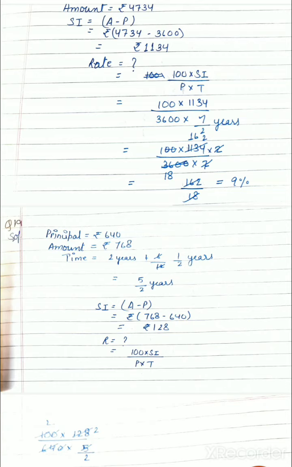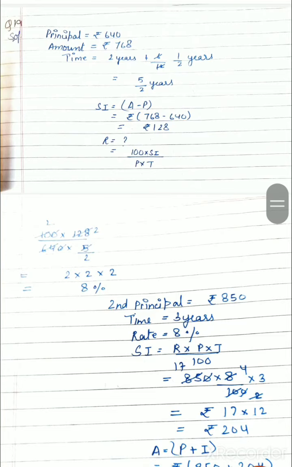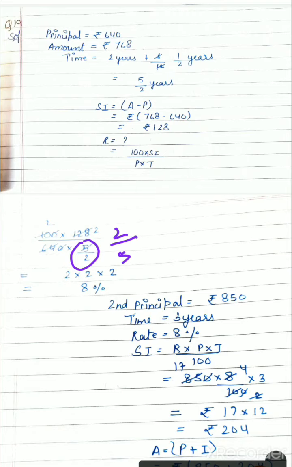Then 100 into SI is 128 upon principal is 640, time is 5 upon 2 again. So, we will do the reciprocal, it will become 2 upon 5 and we can do the calculations. When we do, we will get 2 into 2 into 2, that is 8%.